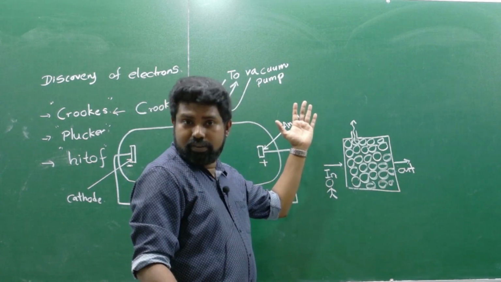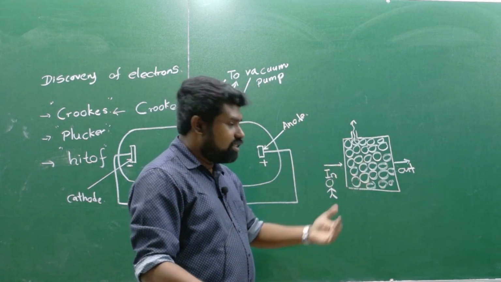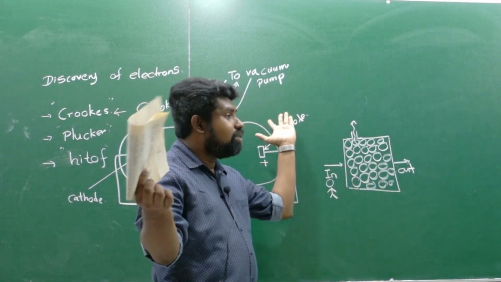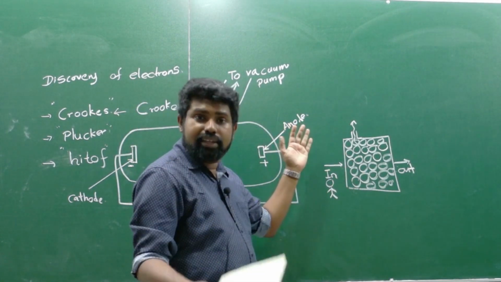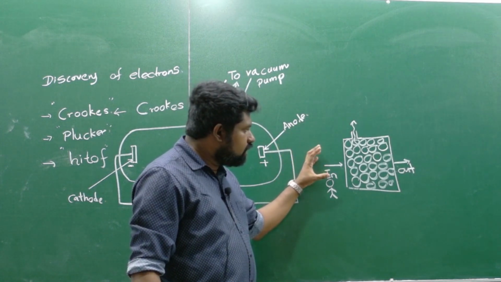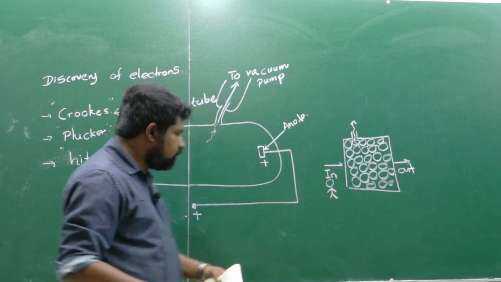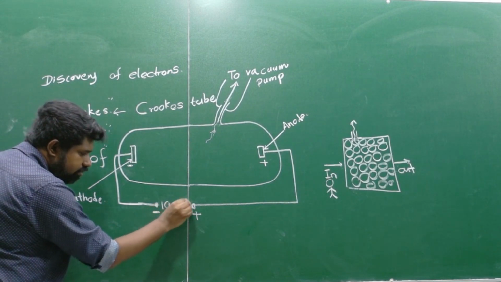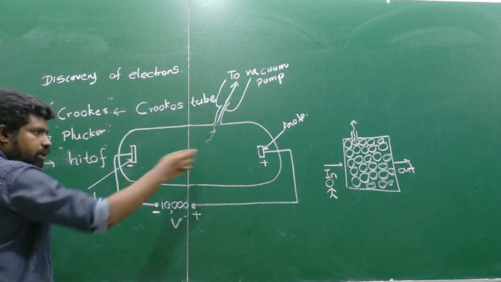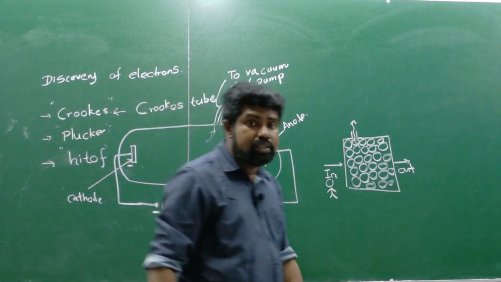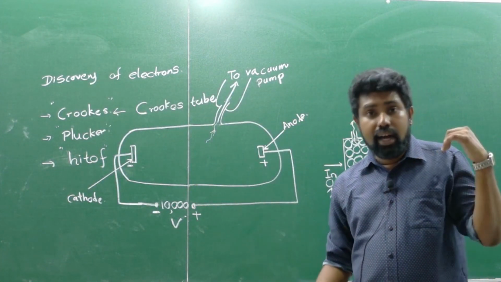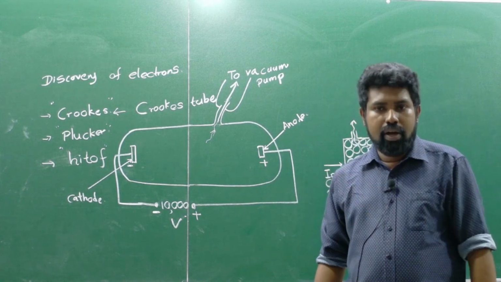Similarly, if we use a very high voltage, like 10,000 volts between the cathode and the anode, it is a very high energy supply. So due to this higher voltage, like Hulk, current can pass.